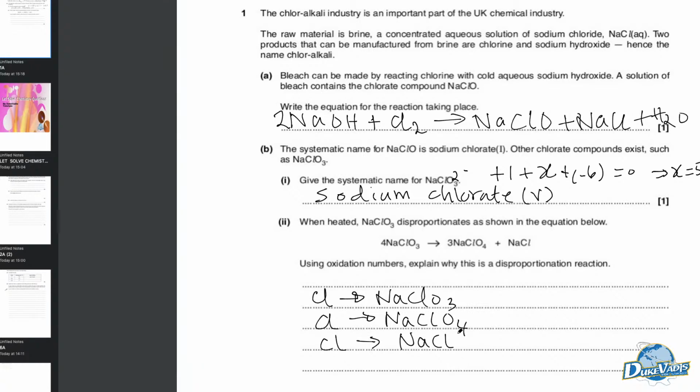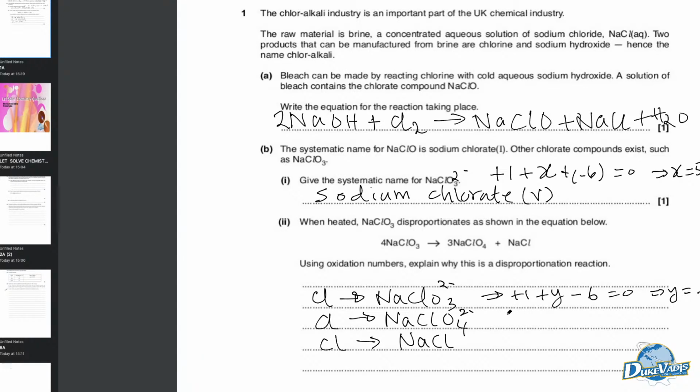Fantastic. So now, as we did for the one in (i), how do we find the oxidation state of chlorine in each one? Here, this one will be sodium +1 plus the oxidation state of chlorine, which we don't know, call it Y. Then oxygen will be 2 minus each, so -6 is equal to 0, which implies that Y is equal to +5.